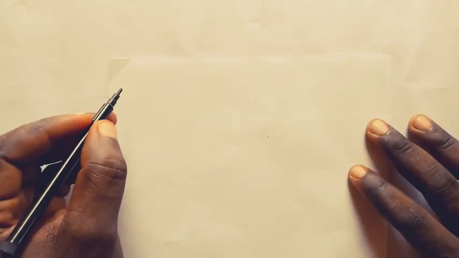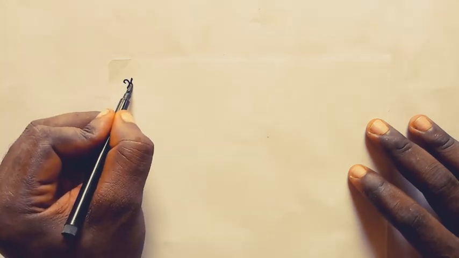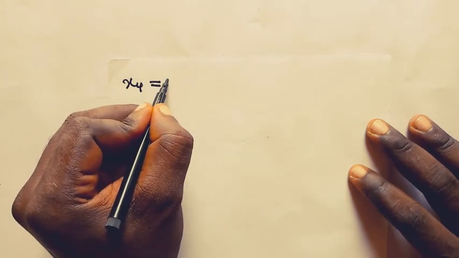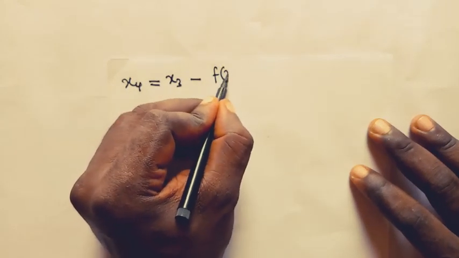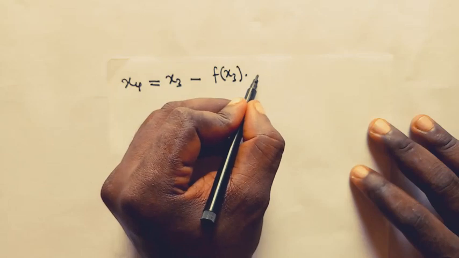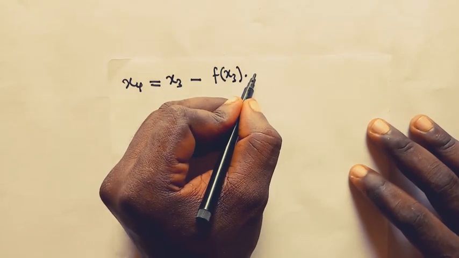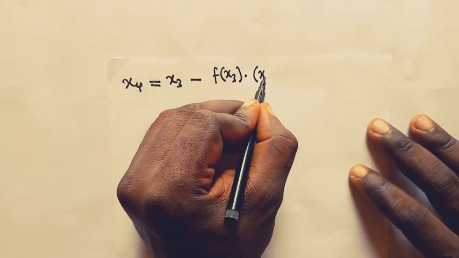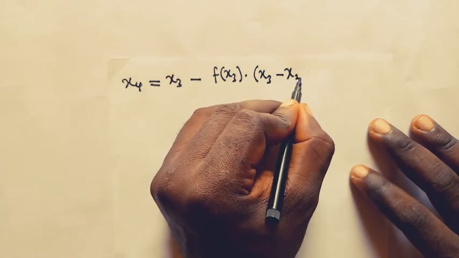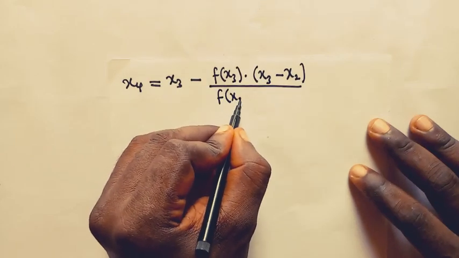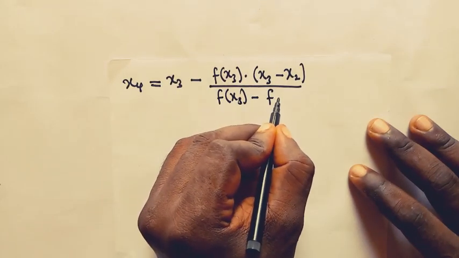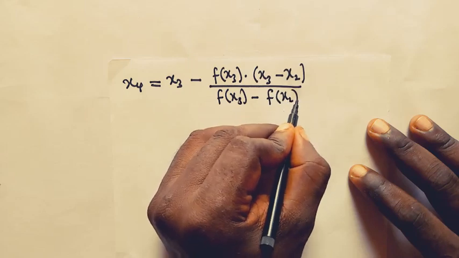All right, if you have paused the video and you have been able to figure it out, I hope you get it right. So our next value is going to be x4, which is going to be equal to x3 minus f of x3 into x3 minus x2 divided by f of x3 minus f of x2.